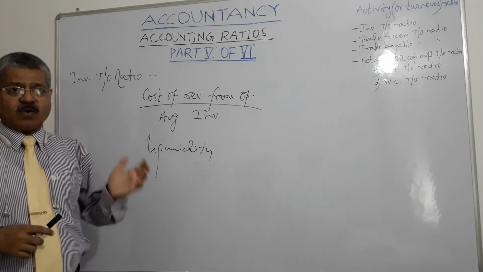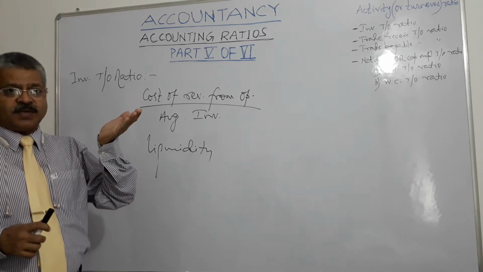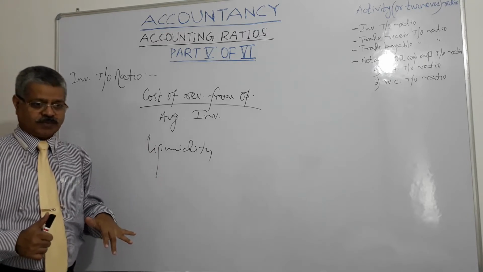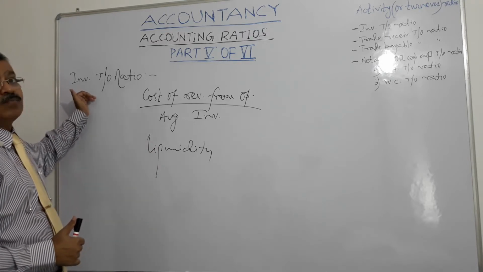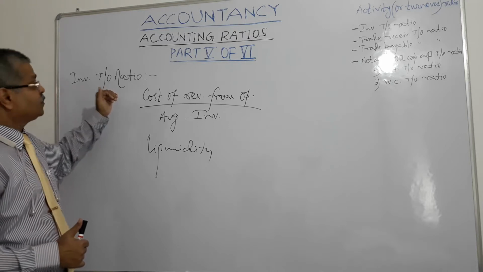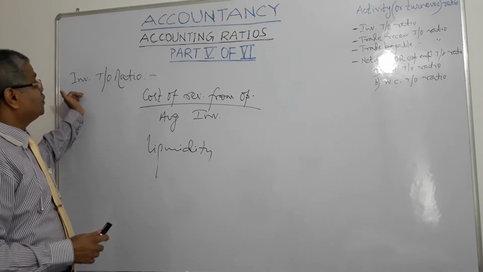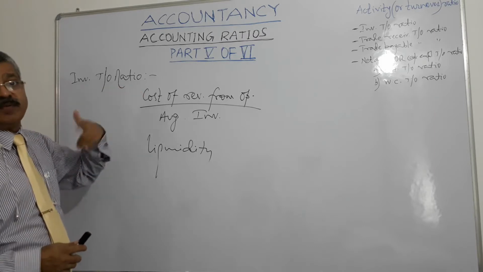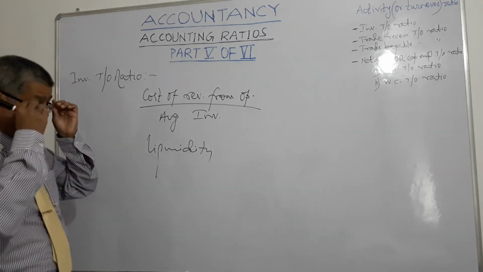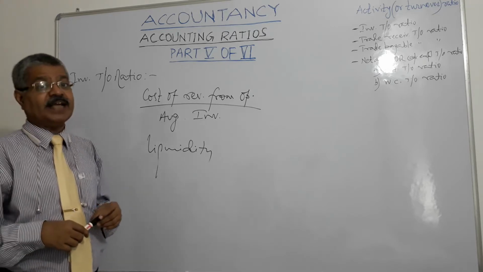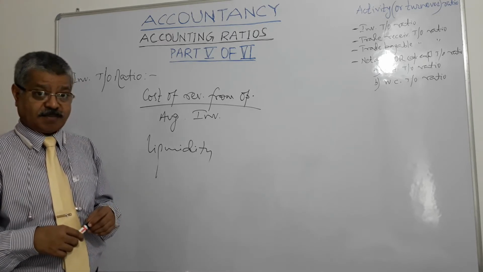Increased turnover or higher turnover is good for the enterprise, and lower turnover shows that they may have low quality inventory or expired inventory or useless inventory which cannot be put to fruitful use. So a low ratio is a danger signal for any business enterprise.